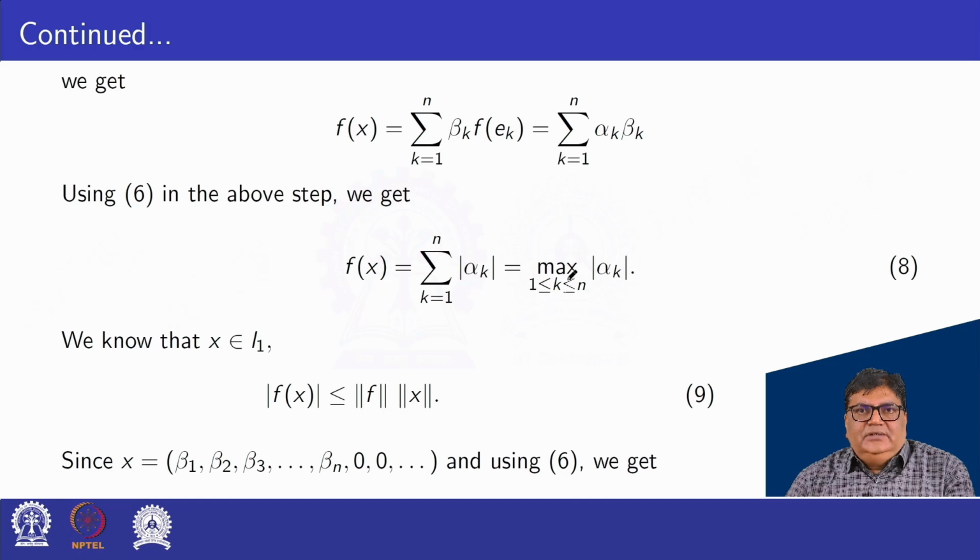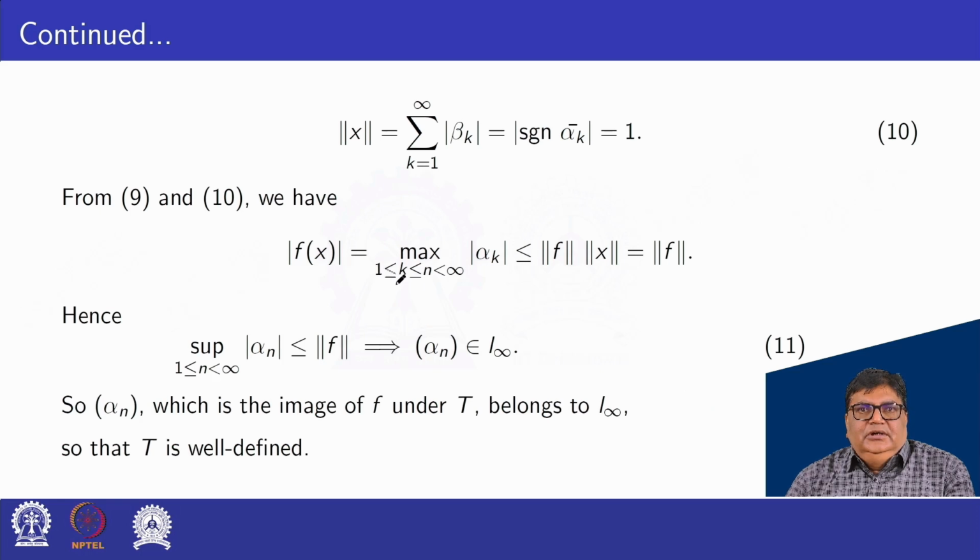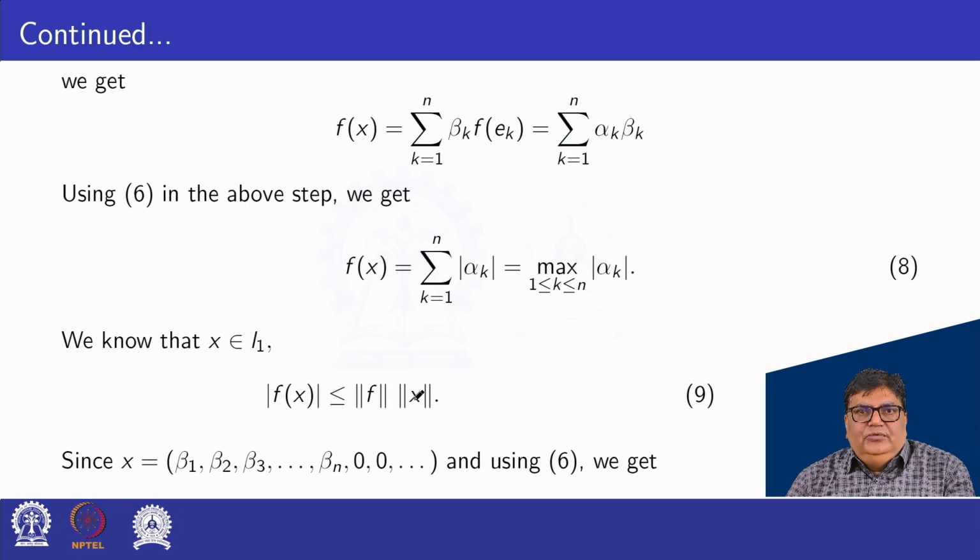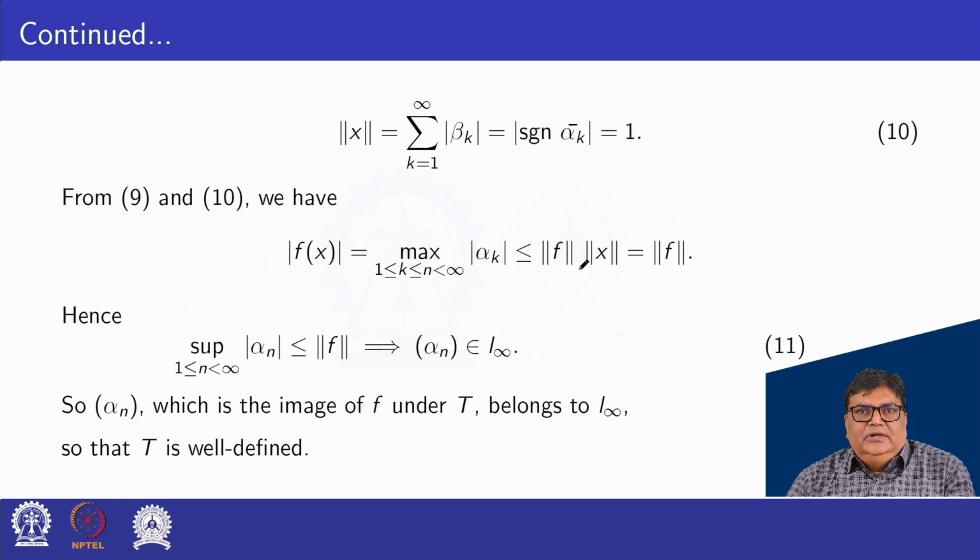So max value of this is max mod alpha k or simply mod alpha k, or this can be written as mod of fx. So mod fx equal to max of mod alpha k and mod fx less or equal to norm f norm x. And norm x is equal to 1. So mod fx less or equal to norm f.